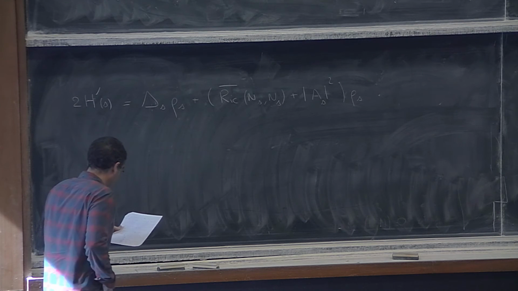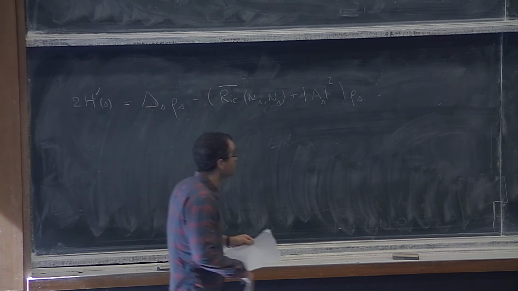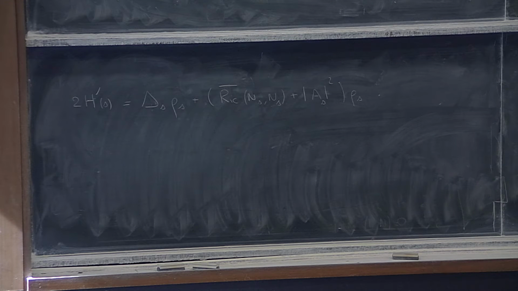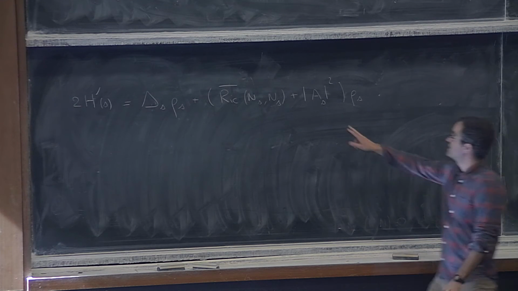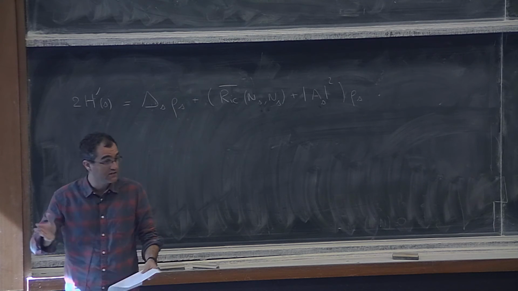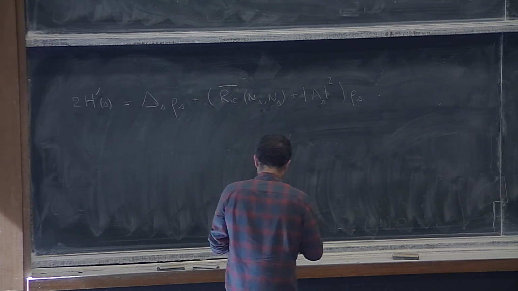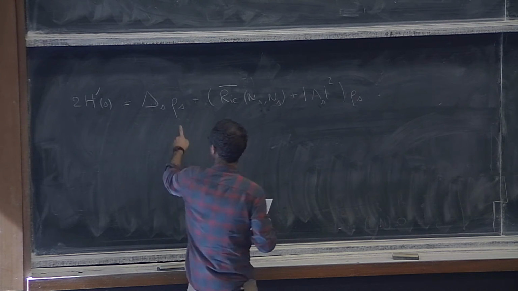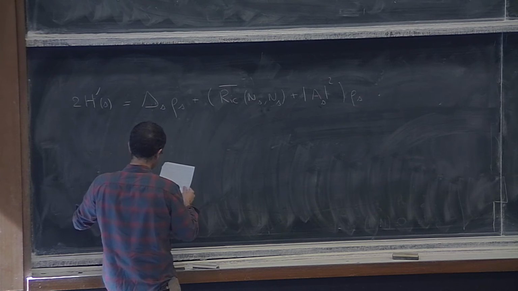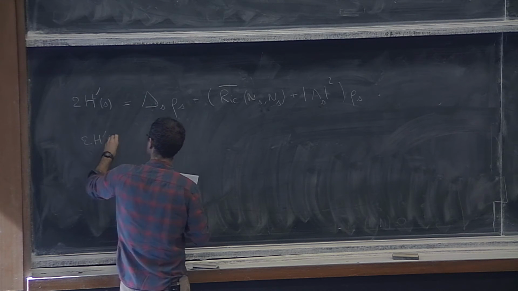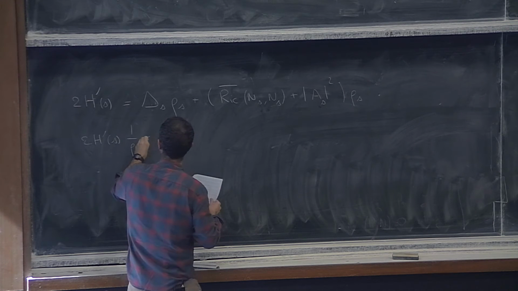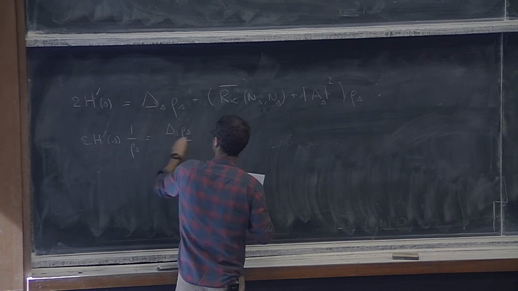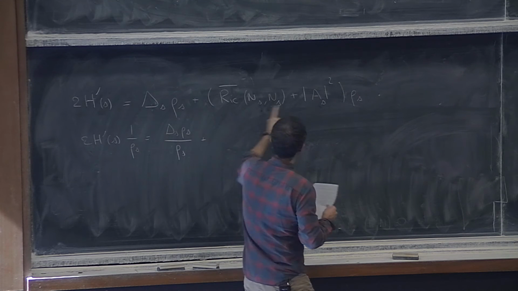Okay, so let's do still the same computation as before, in order to transform still the same term, which is there and there. You can do exactly the same. So what you get at the end is the following. You divide everything by rho S. So you get that twice H prime of S over 1 over rho S is equal to this over rho S plus this term.